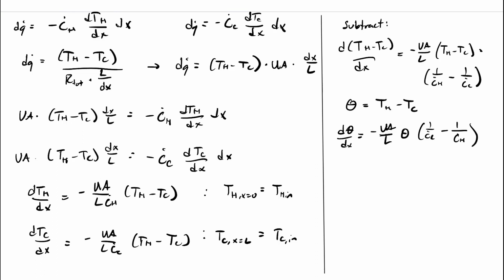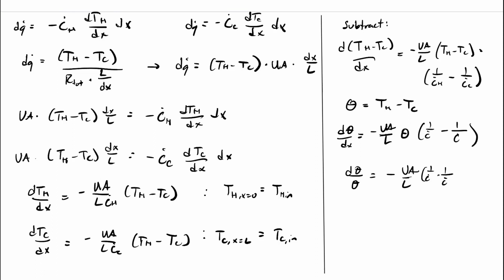It's separable. We can bring the theta over to the left and x to the right. So let's do that. We end up with d theta over theta is equal to minus UA over L. Let's see, C dot C and C dot H are constants. So this becomes 1 over C dot C minus 1 over C dot H. Sorry, did I do that backwards? I flipped the order of these up here.